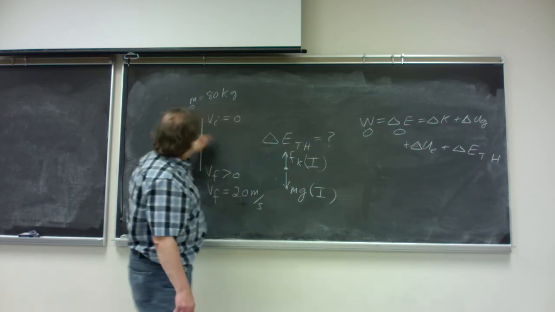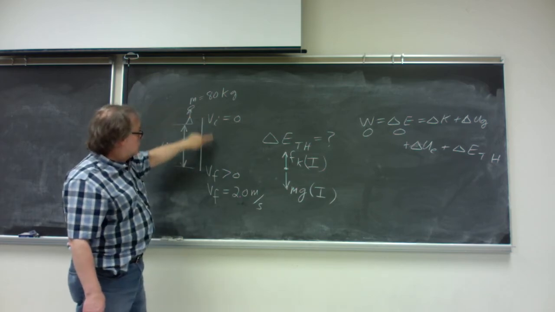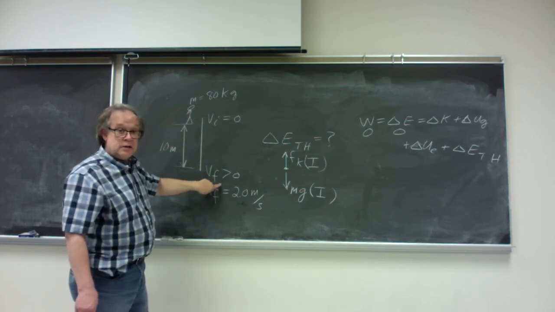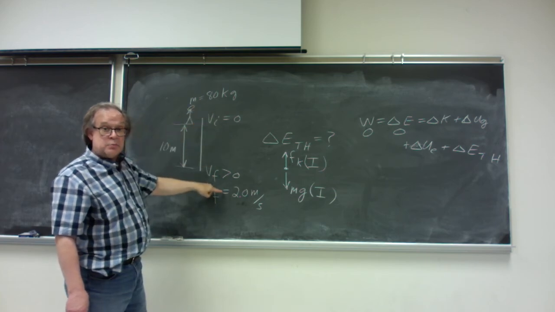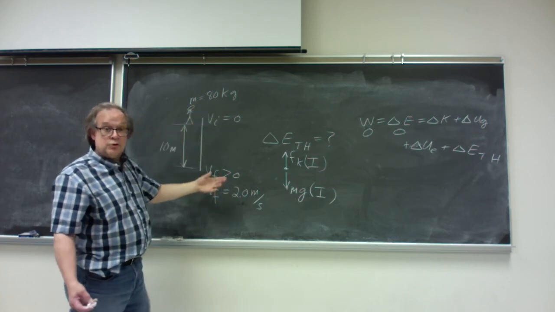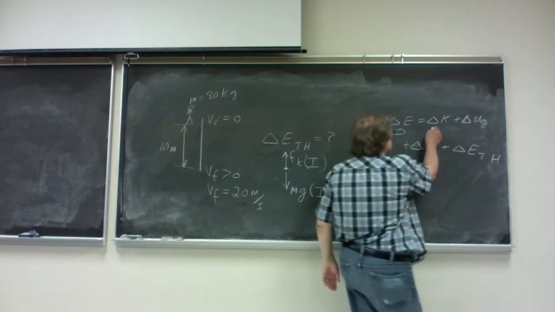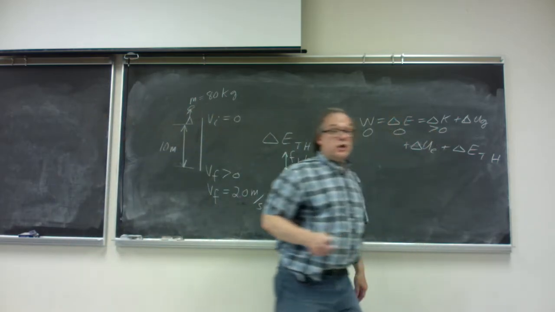For example, the firefighter starts out with zero velocity and ends up with some velocity. So the firefighter started out with zero kinetic energy and ends up with some kinetic energy. So the kinetic energy increased. A positive change in kinetic energy.